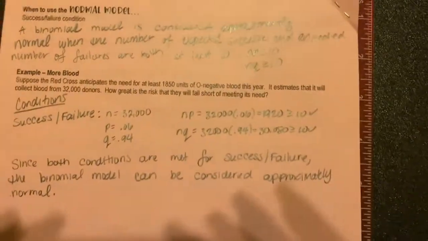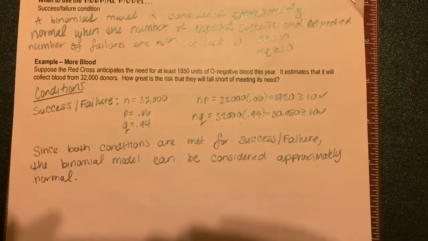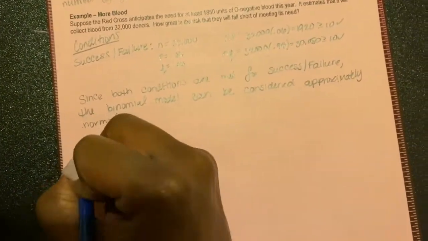And so what that means to you is that you can now move forward with doing a normal distribution model with your information. All right, so with every normal model, remember we need our mean and standard deviation.